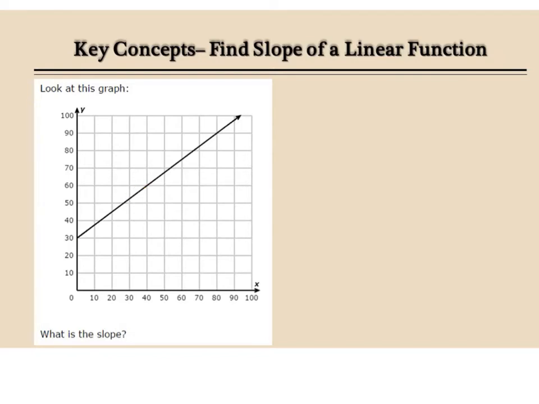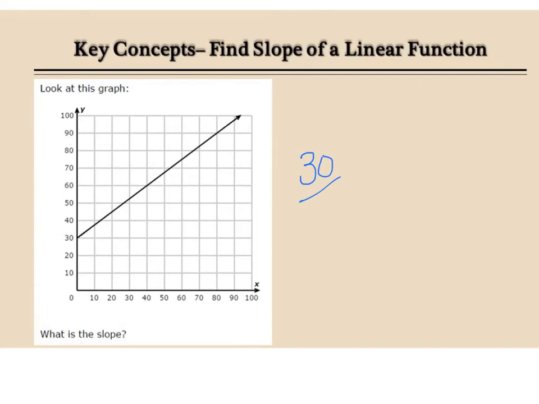So I'm going to make a fraction where my top number is the change. Now notice that I'm counting by tens here, in my rise, or my vertical change, or the change in y. So it's 10, 20, 30. So my top number is 30.